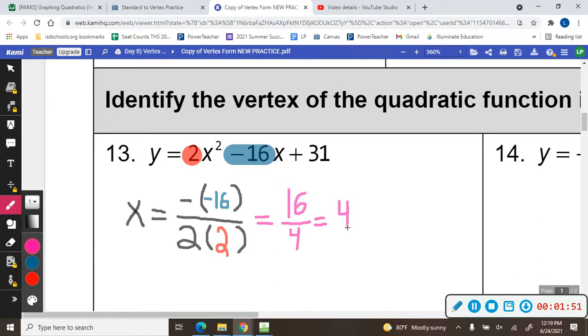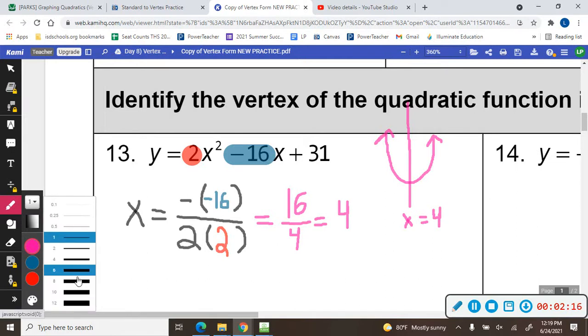So here's what we know so far. We know that because the 2 is positive, it looks something like this. And it's symmetrical on both sides. And we know the line that cuts this in half is x equals 4. And that's called the axis of symmetry.